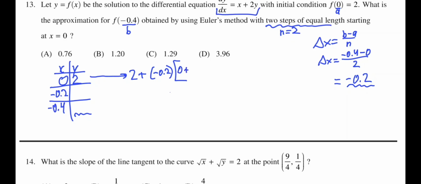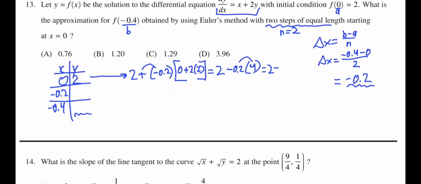Then plus we have twice y, which is twice 2. And let's figure out what that number would be. That's 2, and then again, positive times negative would be an overall negative symbol. And then we have 0.2 times 0 plus twice 2 is a 4, so that's going to be a 4. Okay, and now that gives us a 2 minus, let's check what 0.2 times 4 would be.